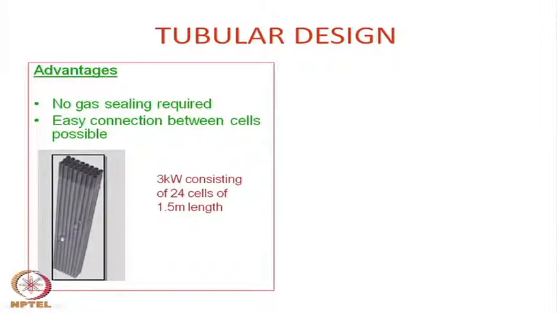The tubes can be as long as 2 meters and about 2 centimeter in diameter. So, no gas sealing is required because the two chambers are already separated by the tube wall. So, there is no special effort needed for separating the two chambers. Easy connection between cells is possible.